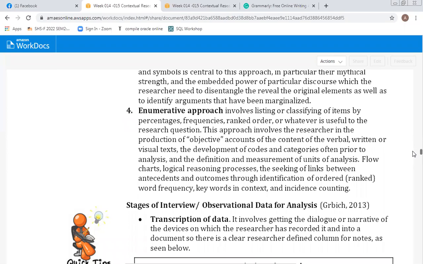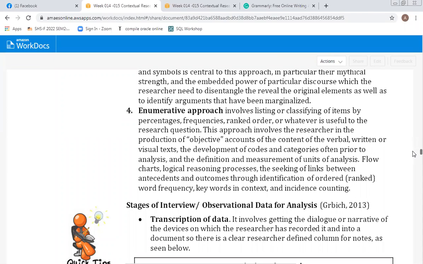The development of codes and categories, often prior to analysis, and the definition and measurements of units of analysis. Flowchart, logical reasoning processes, and the seeking of links between antecedents and outcomes through identification of ordered word frequency, keywords in context, and incidence counting. Basta nagbilang ka, class.